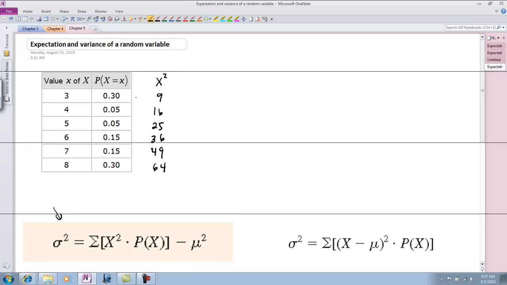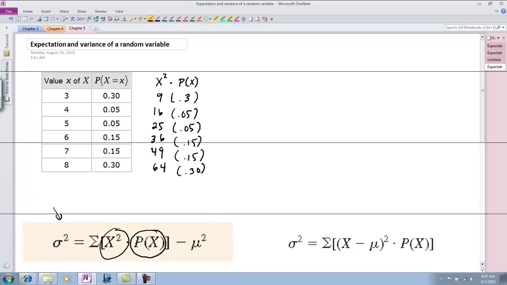And now I'm going to multiply the x squareds times the probabilities and then take their sum. So it's going to be 9 times 0.3. Actually, let me use parentheses. And what I'm doing here is the p of x's: 0.05, 0.05, 0.15, 0.15, and 0.30.